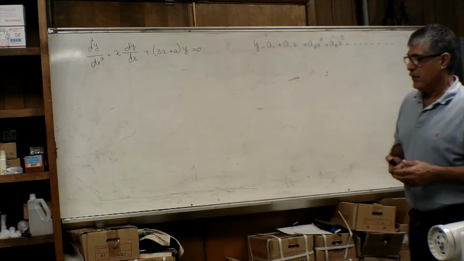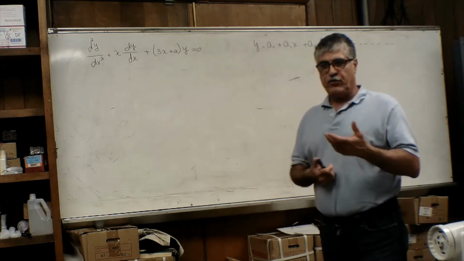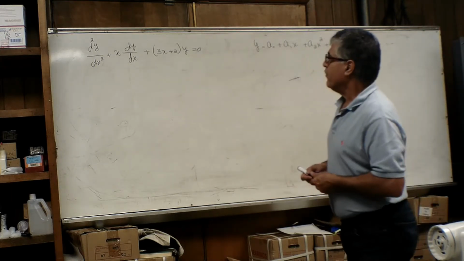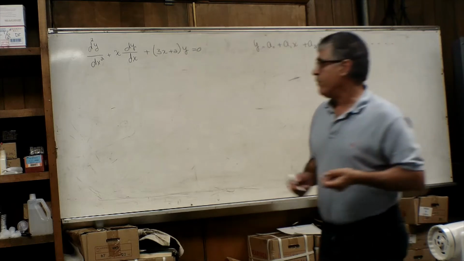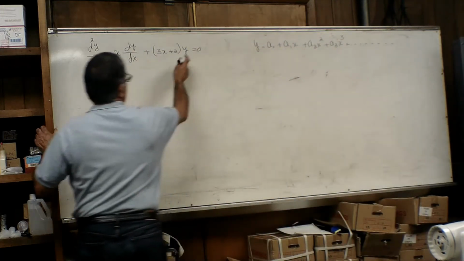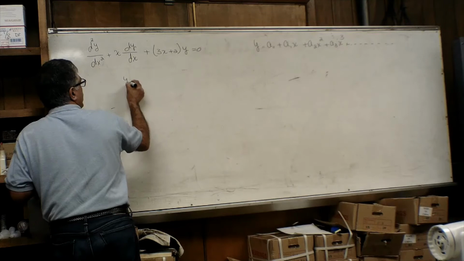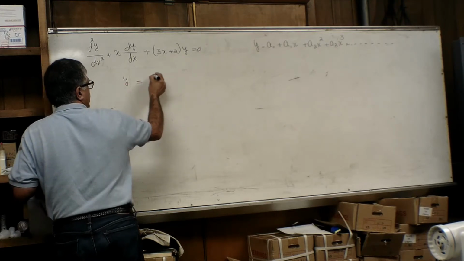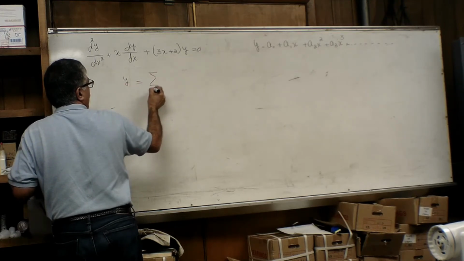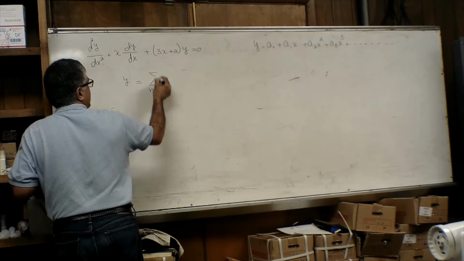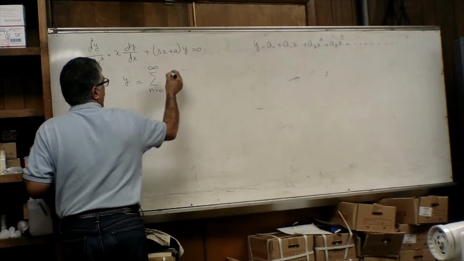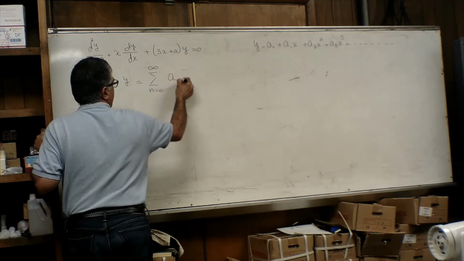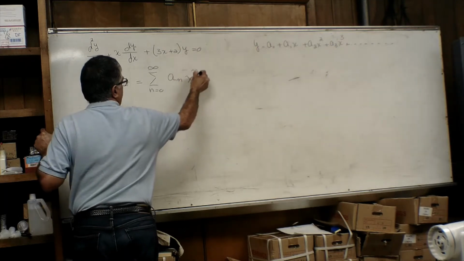So the first step is to assume that our solution is the summation of n from 0 to infinity of a n x to the power n.